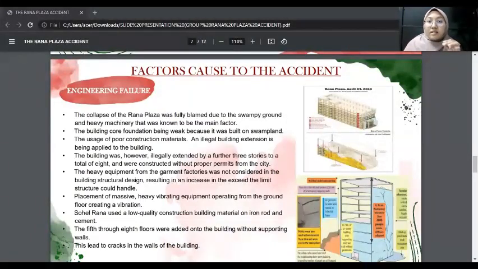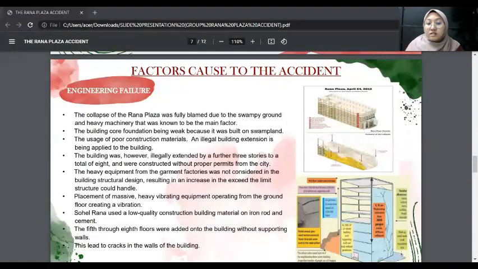And as I mentioned, there are 9 floors in this building, as the 9th floor was actually under construction. The 4th floor was built around 2006 until 2007 without any permission.